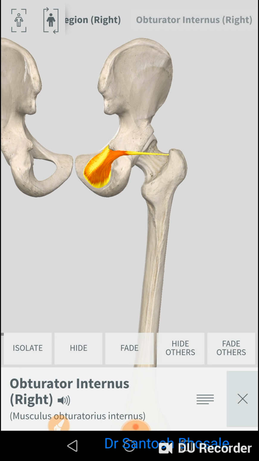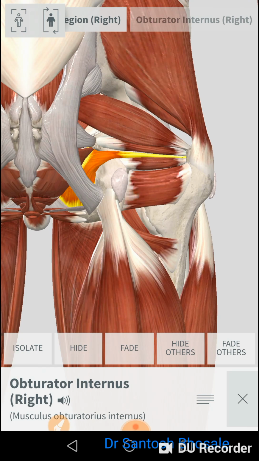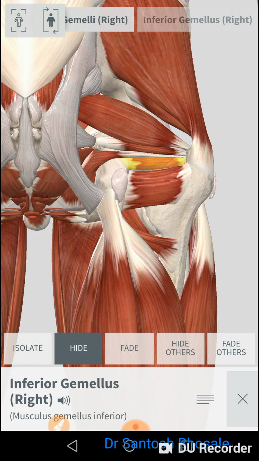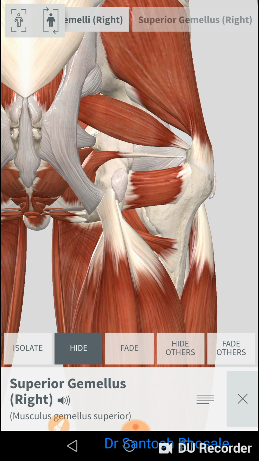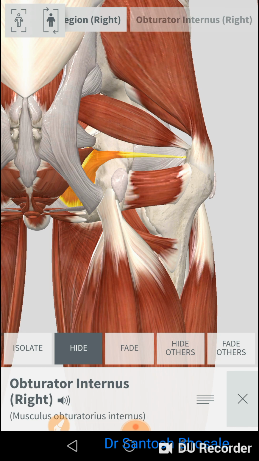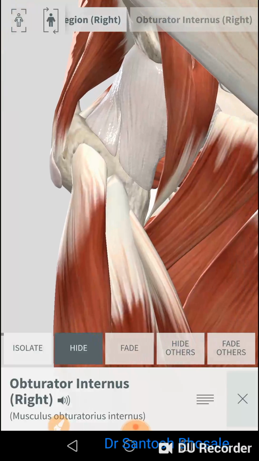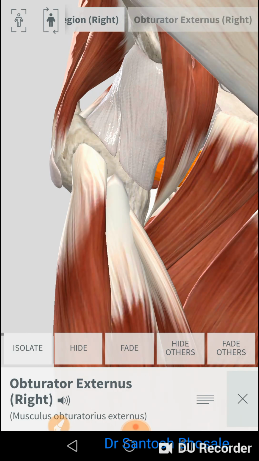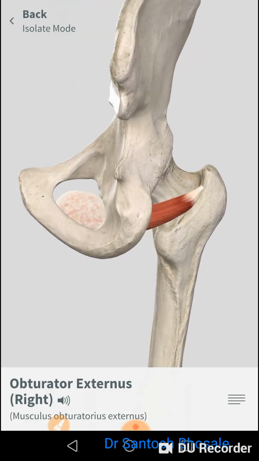With the two gemellae, superior and inferior, and if you take out these, that is the superior gemellus, obturator internus is here, and if you turn here, you are seeing the obturator externus, which will attach to the trochanteric fossa.